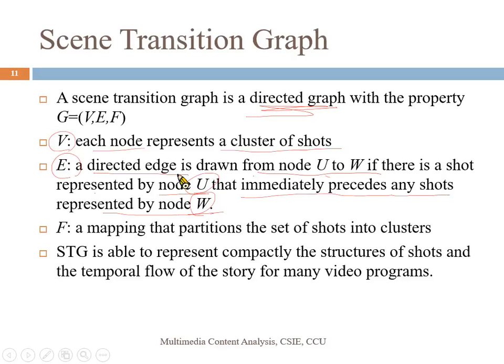And F is a mapping that partitions the set of shots into clusters. The scene transition graph is able to represent compactly the structure of shots and the temporal flow of the story for many video programs.